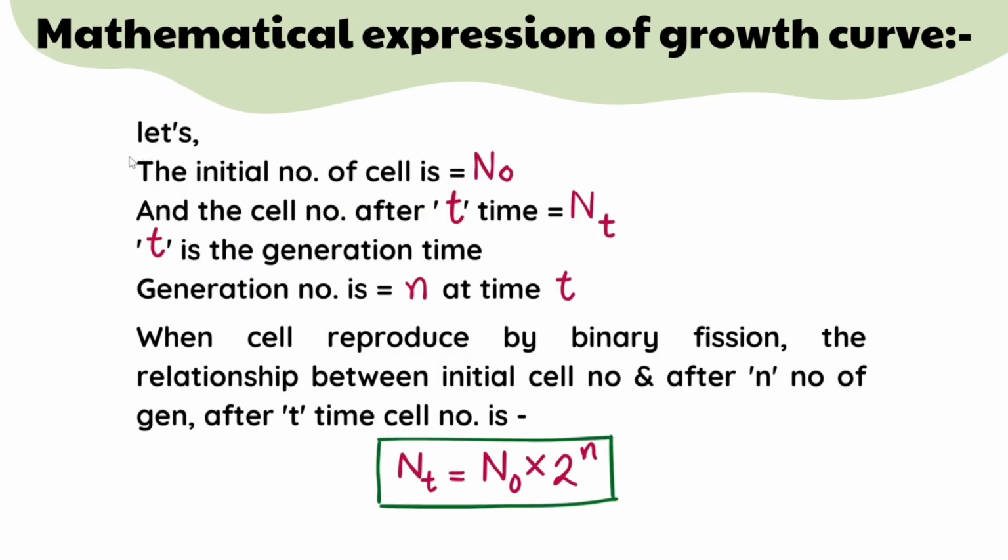Now we are coming to the mathematical expression of the growth curve. If we want to express mathematically the growth pattern of bacteria, we take the initial number of cells as N0, and after time t and n generations, the cell number will be Nt, and the relationship is Nt equals N0 times 2 to the power n, where t is the generation time.